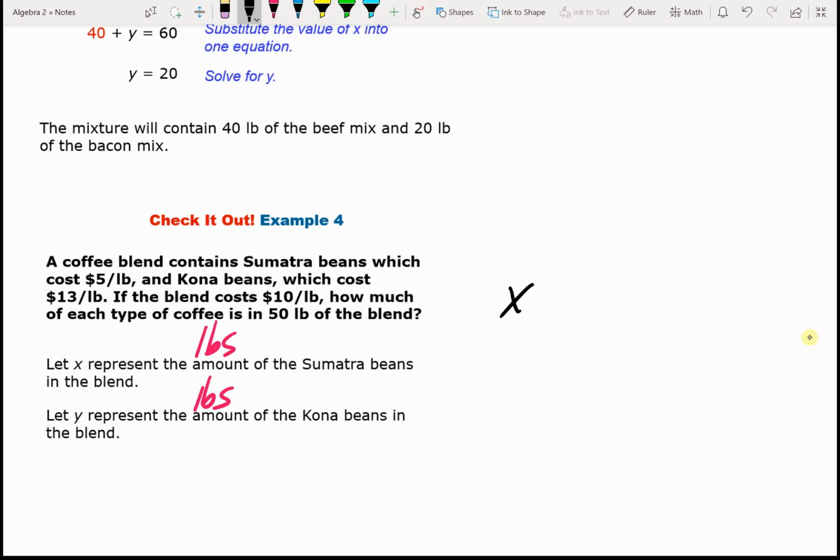So we have X plus Y equals 50. Sumatra beans cost $5 a pound, so 5 times X, the number of pounds, would give us the total cost for Sumatra. And then Kona beans cost $13 per pound, so 13 times the number of pounds of Kona beans.